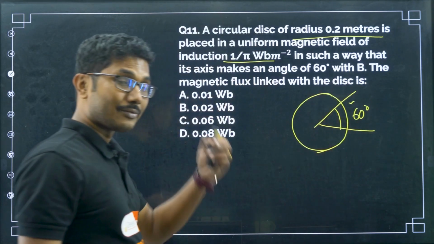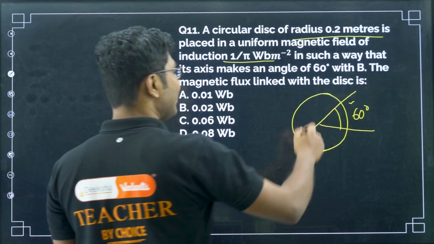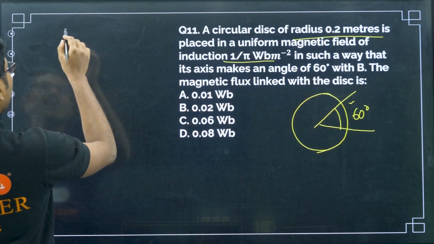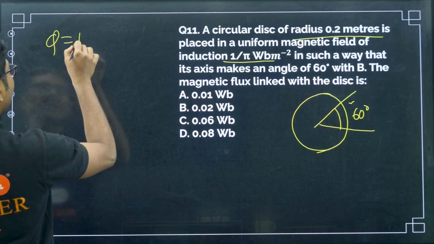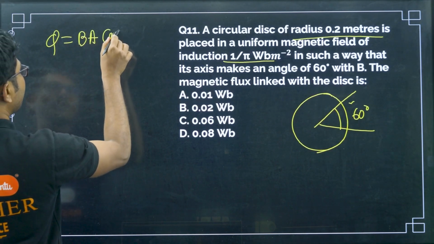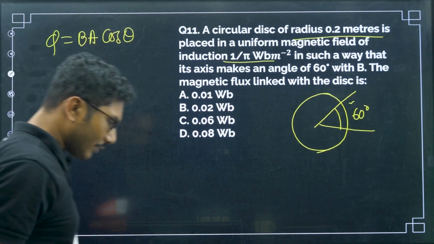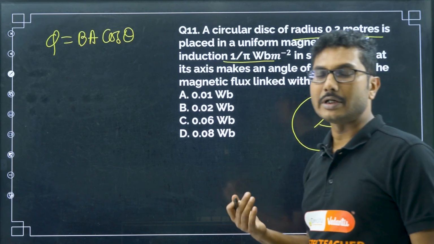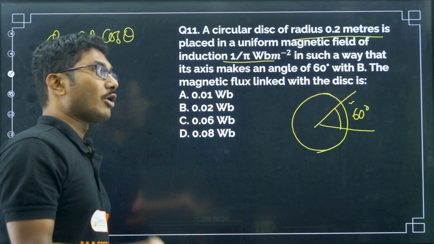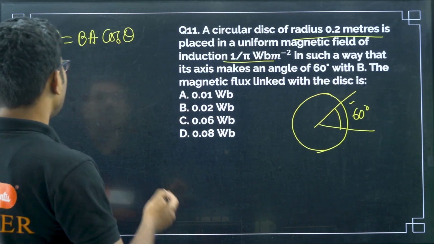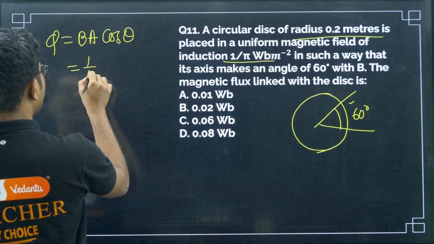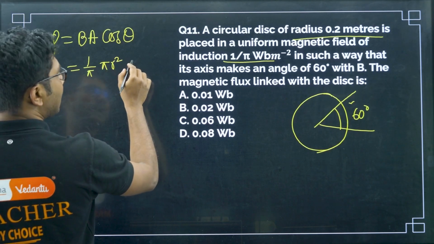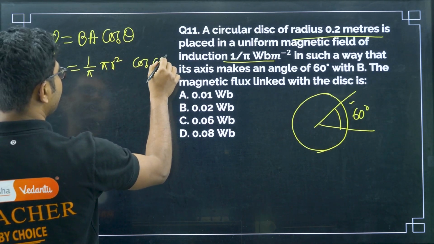So, you have to calculate, basically what we do, we take the component along the perpendicular direction. So, the flux is BA cos theta. One other way to remember, B and A both are vector quantities, phi on the other hand is a scalar quantity. So, definitely it will be a dot product. So, dot product means definitely it will be cos theta. So, B is given 1 by pi, area is pi r square and cos theta is cos of 60 degrees, right.